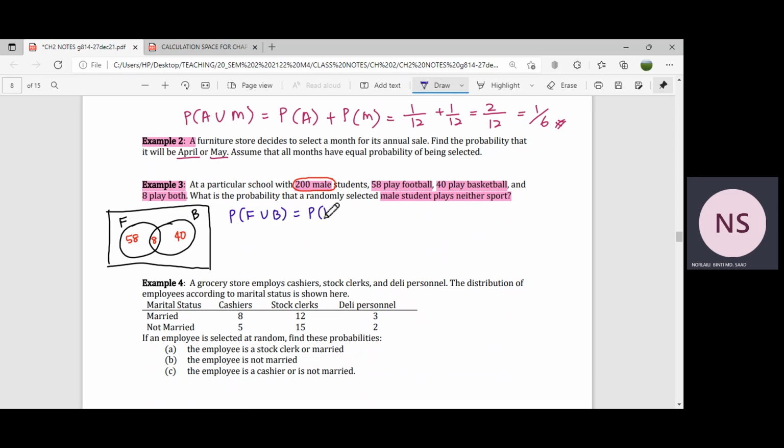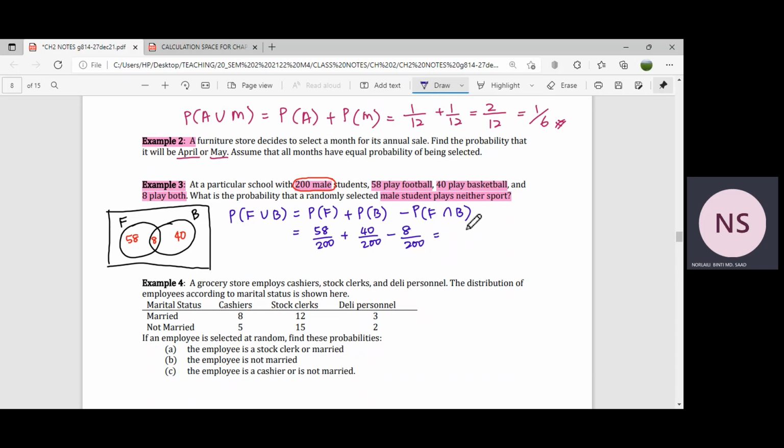We have the probability of F plus the probability of B minus the intersection of football and basketball. So we have 58 over 200 plus 40 over 200 minus 8 over 200.